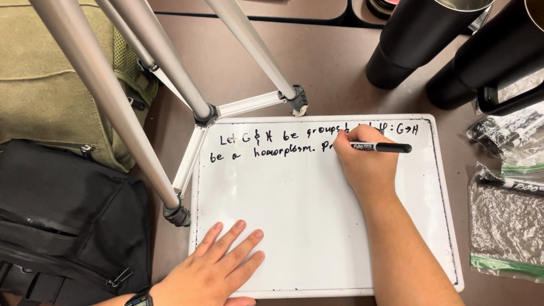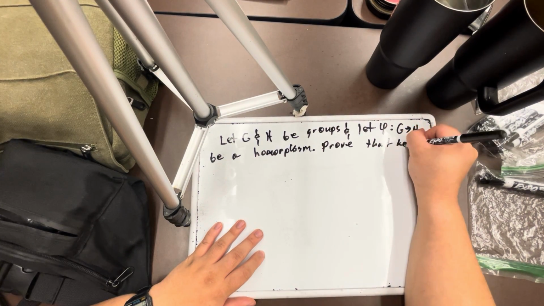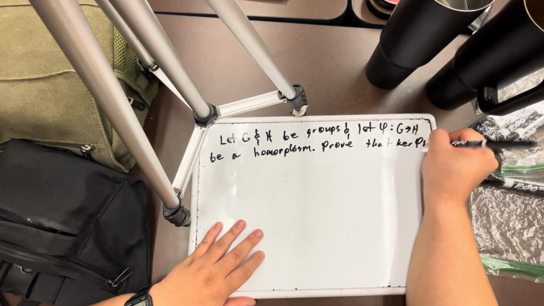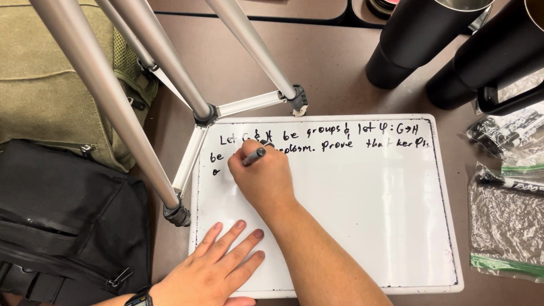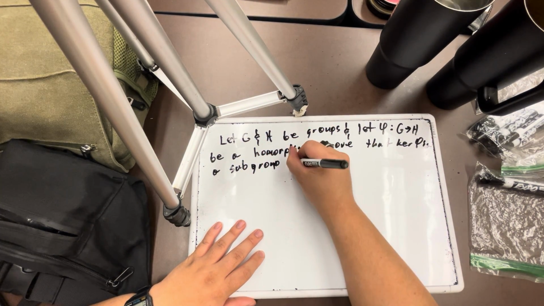Now, prove that the kernel of phi is a subgroup of G.